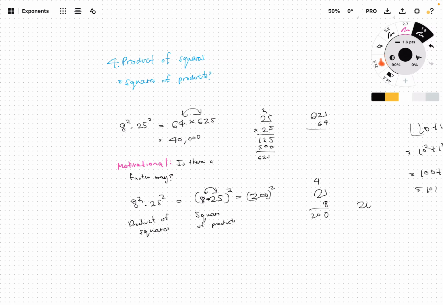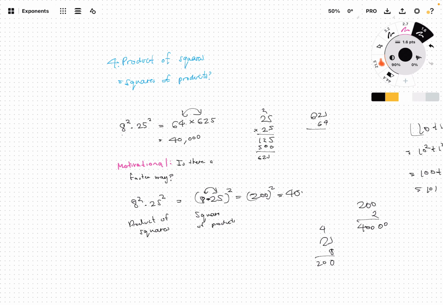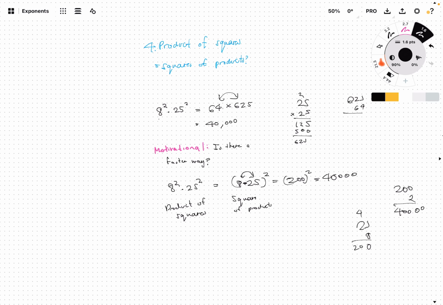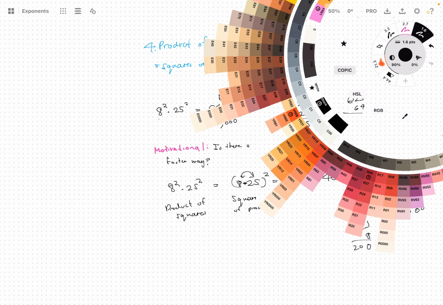That's just 2 times 2, then you add 4 zeros. That's 40,000. It's super easy. It's just 4 with a bunch of zeros on top. A lot faster than just doing it directly. So you do end up getting the same answer.